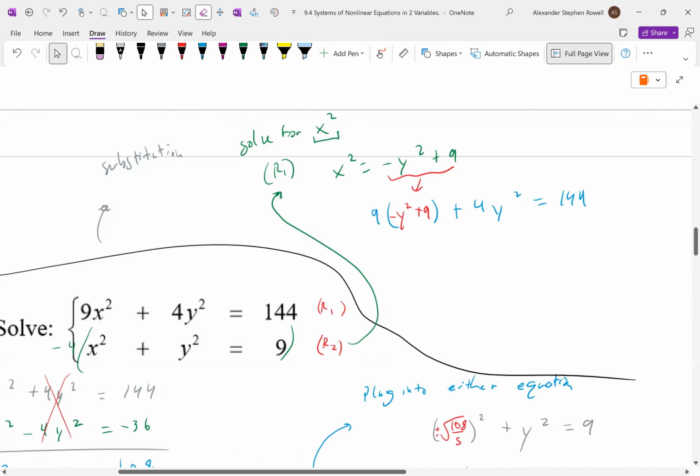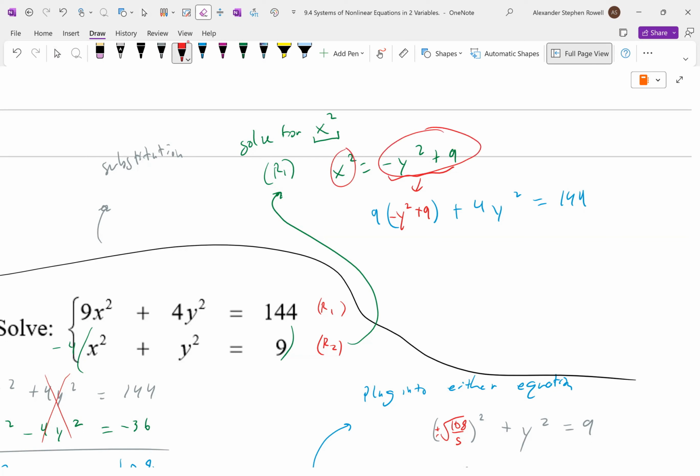Is everyone okay with this? This is why substitution confuses some people. You don't have to solve for y, right? Or for x. You can solve for x squared and substitute. So I solve for x squared and plug this in for x squared. And we get negative 9y squared plus 81 plus 4y squared is equal to 144.